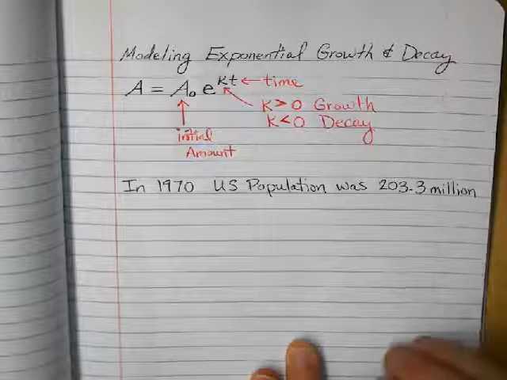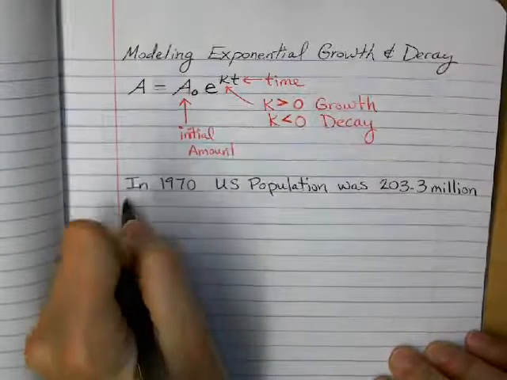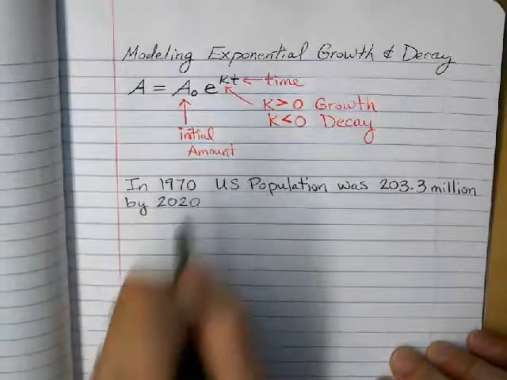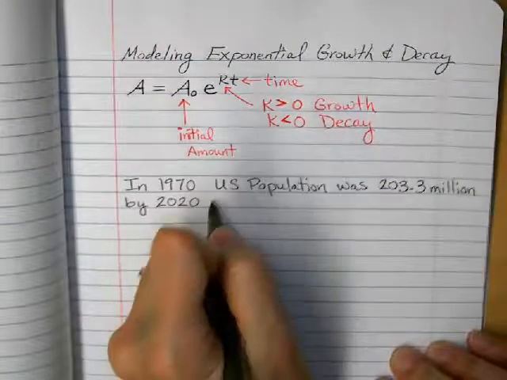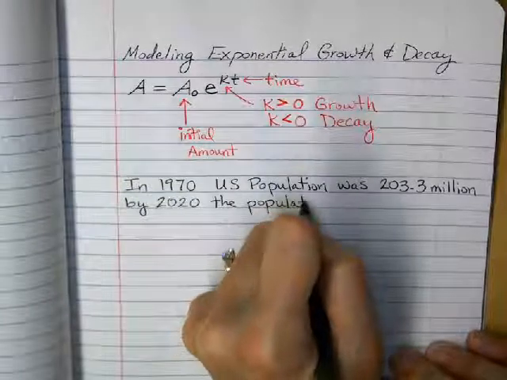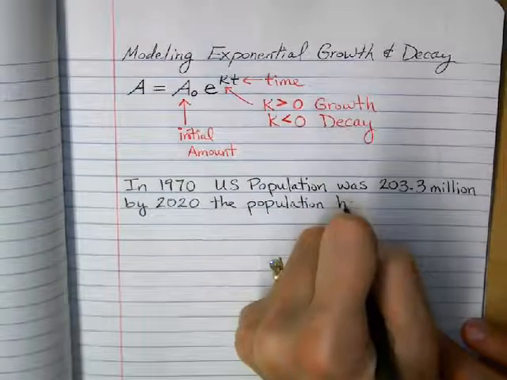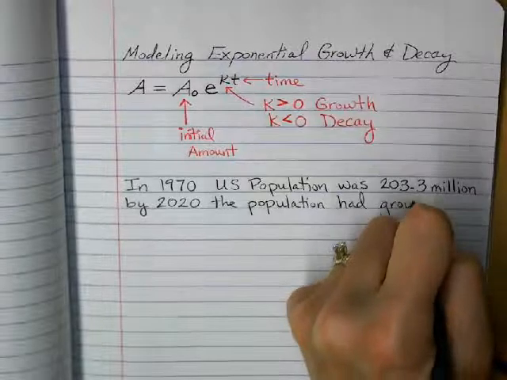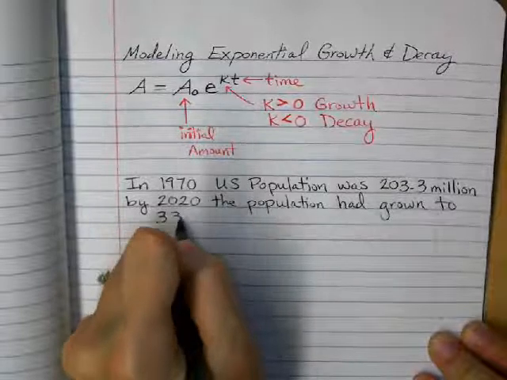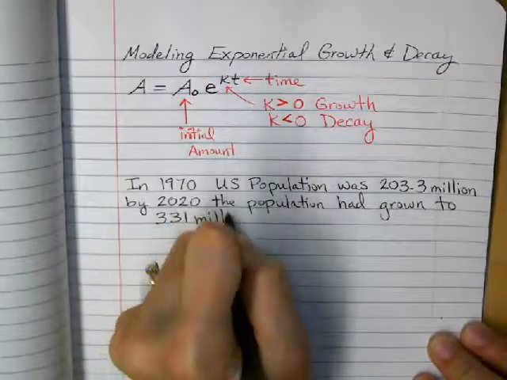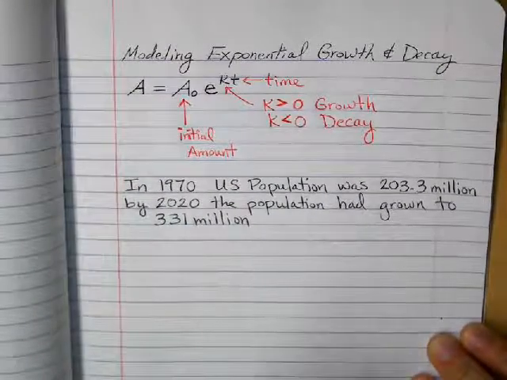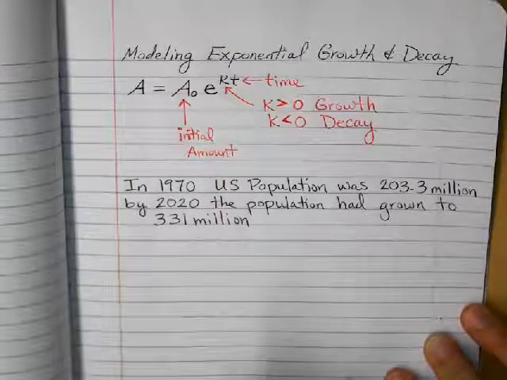And then let's say by the year 2020, the population had grown to, and then they give you another number, 331 million. Find an exponential growth function that models this.